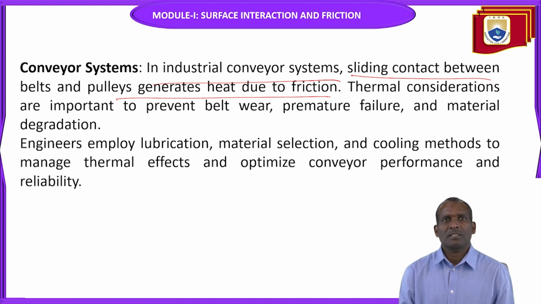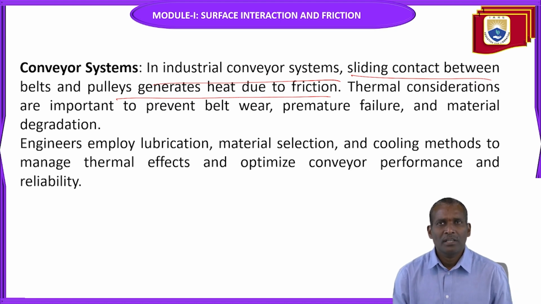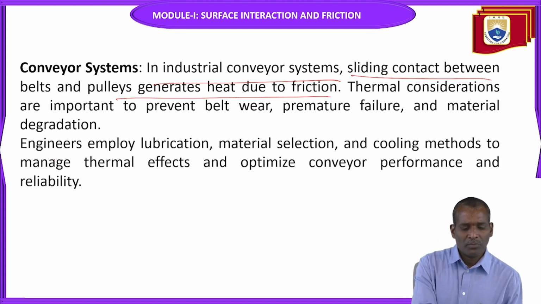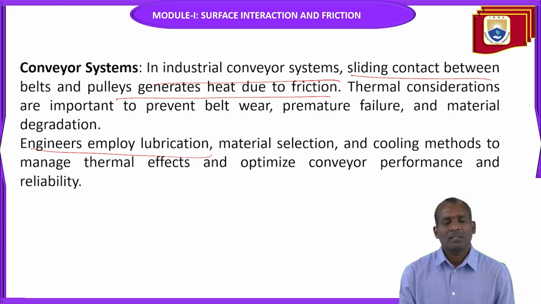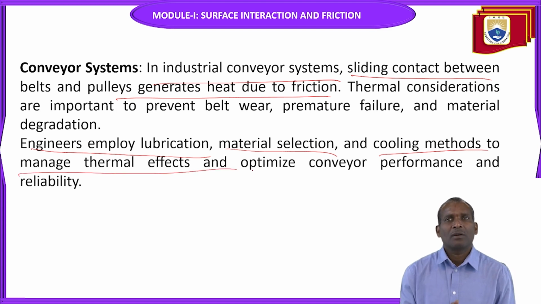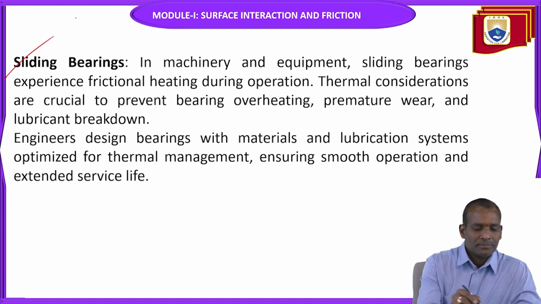So thermal considerations are important to prevent belt wear, premature failure, and material degradation. Engineers employ proper lubrication, proper material selection, and cooling methods to manage thermal effects and optimize conveyor performance and reliability.